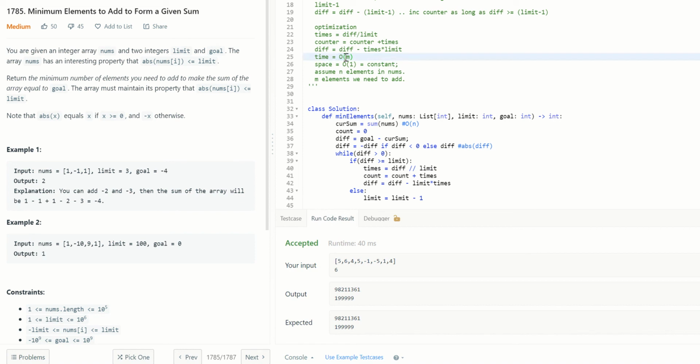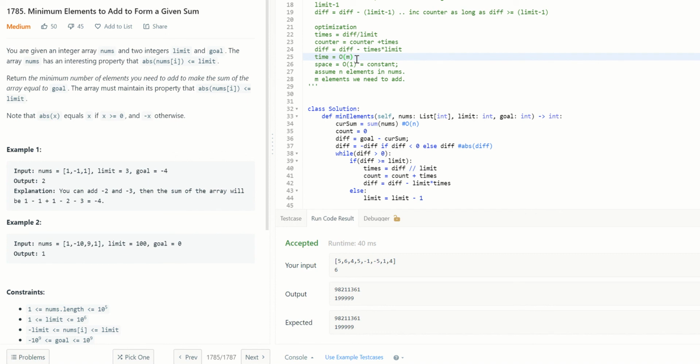But as we did optimization, with times equal to diff by limit, we have reduced this time from order of m to order of log m, since we are subtracting that many times.